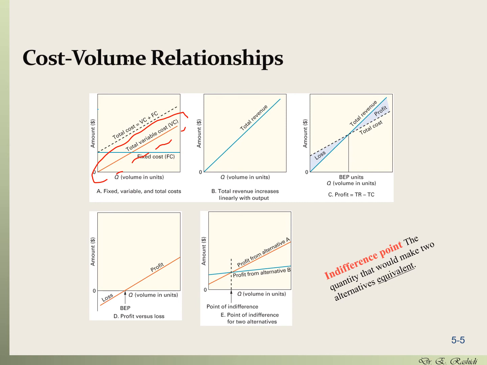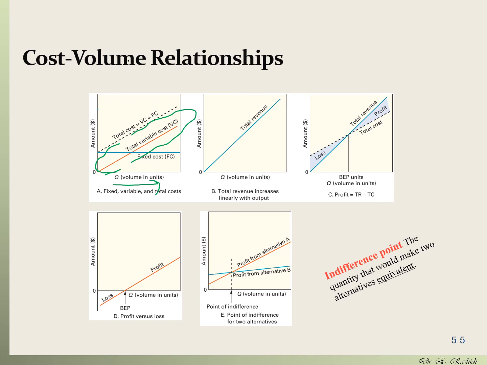At the very beginning, if you don't produce any product, it's going to be zero as shown here. And if you produce more, that means you go to the right-hand side of this x-axis or Q-axis, the variable cost is going to increase, as you see here.